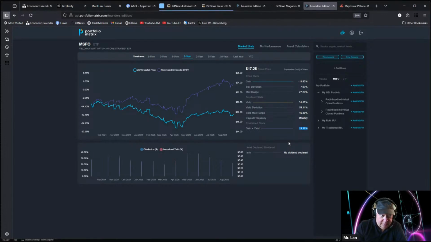So there again, you would have been better off being in Microsoft over the year to get a little bit higher return, but it wouldn't be giving you money, right? Now, you have to take that into consideration because remember, linear growth versus compounded growth, right?